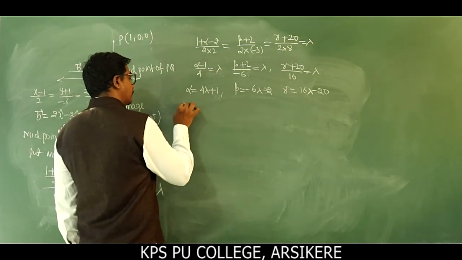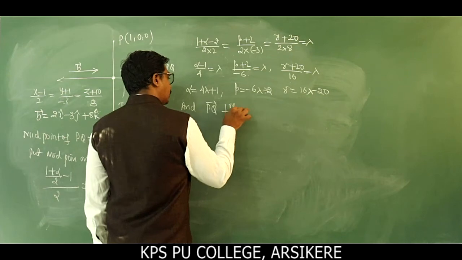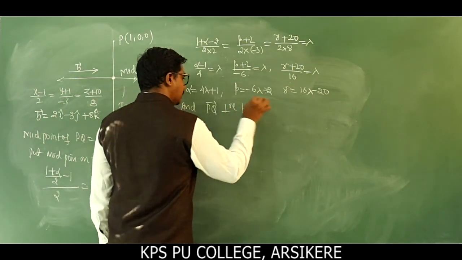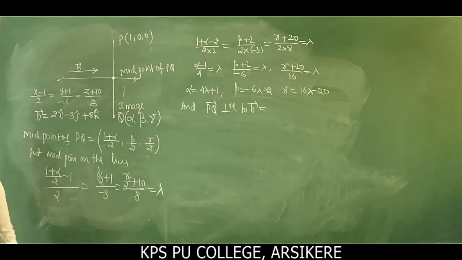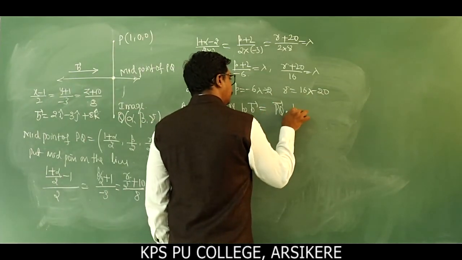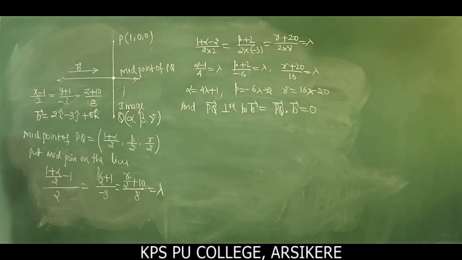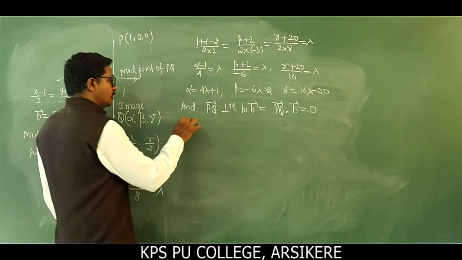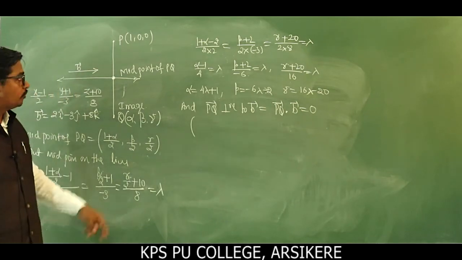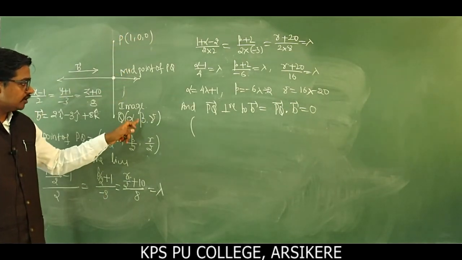And vector PQ is perpendicular to vector B, hence vector PQ dot B becomes 0. Find the vector PQ. PQ is nothing but the vector joining the two points P and Q. Point P is (1, 0, 0) and Q is (alpha, beta, gamma).